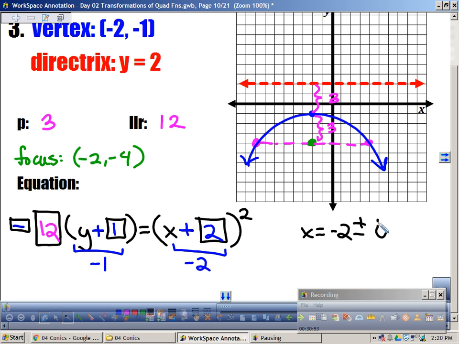Because 1 squared is i, and that would be how far you would go, right? Because we would take the distance away from the vertex. If my vertex would be 1 away, then wouldn't my distance have been 1 away? So it would have been 1 squared, which would have been i.